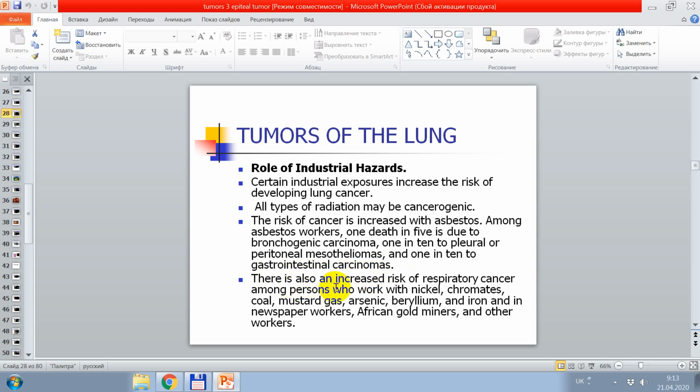There is also an increased risk of respiratory cancer among persons who work with nickel, chromates, coal, mustard gas, arsenic, beryllium, and iron, and in newspaper workers, African gold miners, and other workers.